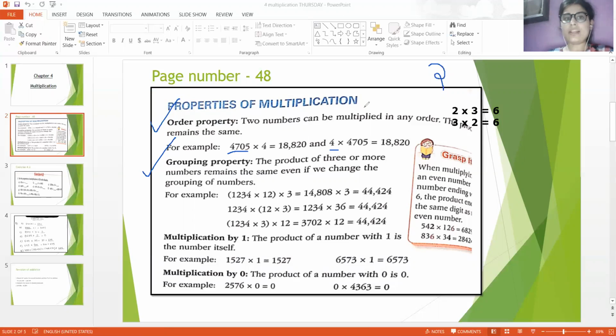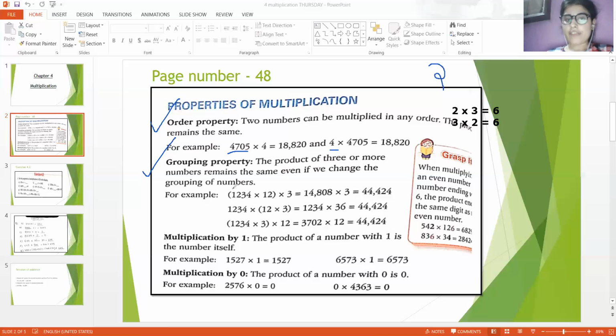Let's take an example here: 1234 multiplied by 12 and multiplied by 3. First I am grouping the first two numbers, 1234 and 12.